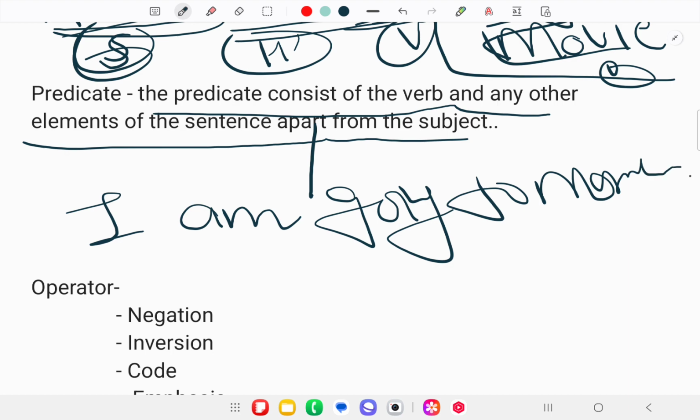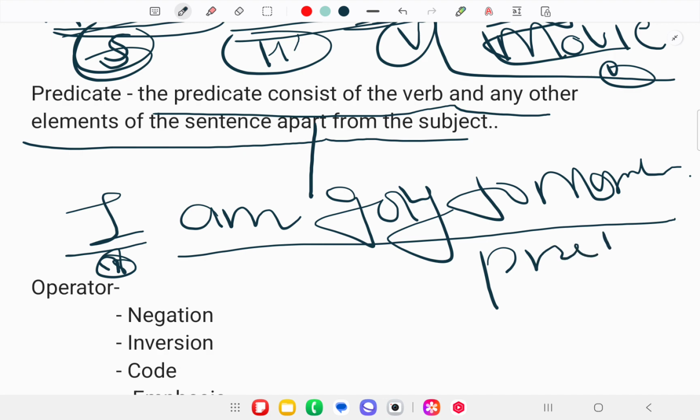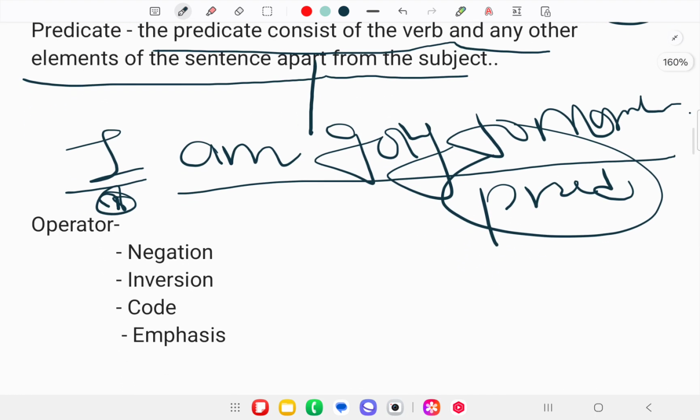Here I is the subject portion, and all the rest is the predicate, including the verb and object.